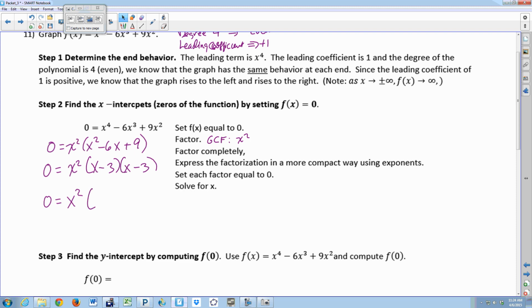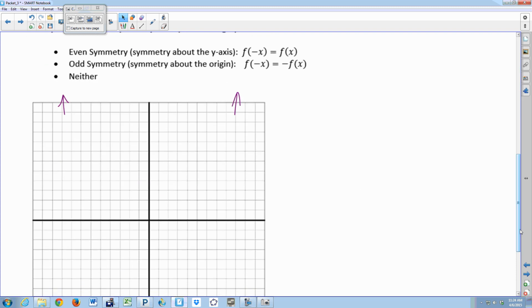(X minus 3) squared. Okay, so where are my zeros? I have a 0 at x equals 0, and my other 0 is when x equals 3. So I go down to my graph, and I put an x-intercept at 0, and I put one at 3. So far, that's all I know about my graph. That's all I need to know right now.